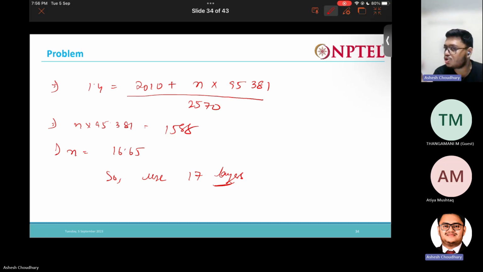But for slopes with low to medium height, Jewell's method gives a more conservative result. Okay, let us solve one problem using Jewell's method, right?